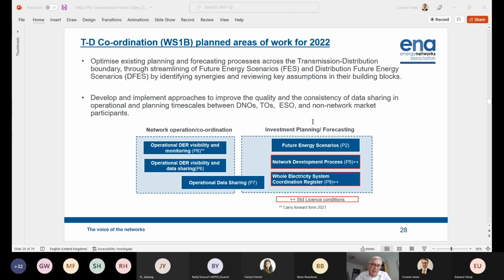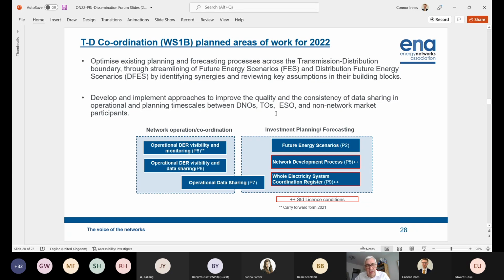You can see on this slide that the 5 products within this work stream are really split into 2 broad areas. There is the network operation and coordination, and there's the investment planning side of things.